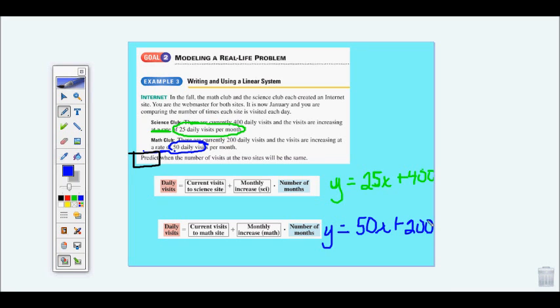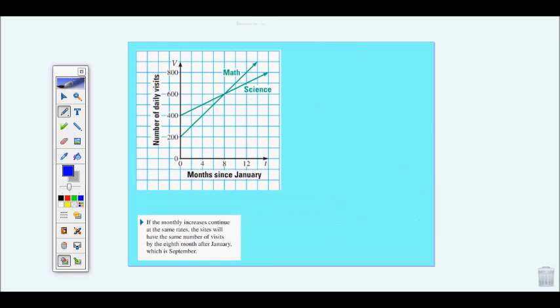So now I have my two equations, and I'm going to graph them to see when they are going to intersect. So I have them graphed here now because I have them in slope-intercept form, and I find an intersecting point right here. That intersecting point is at 8 for my x value, and then my y value is at 600.